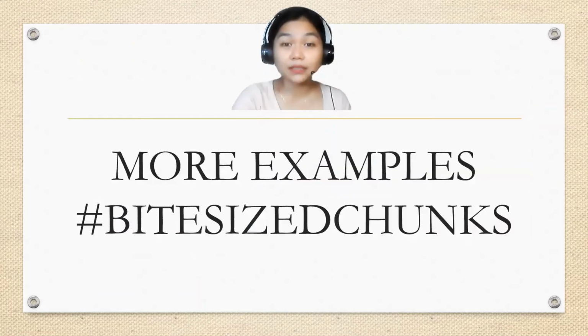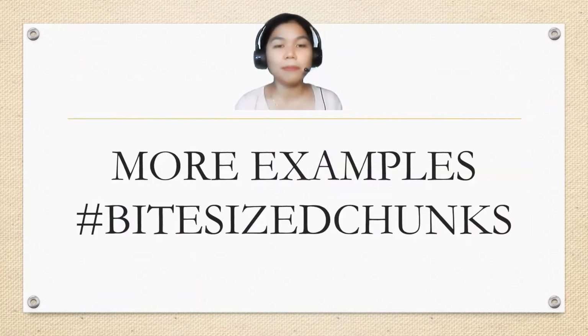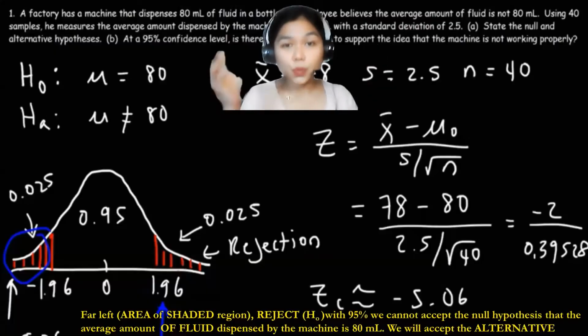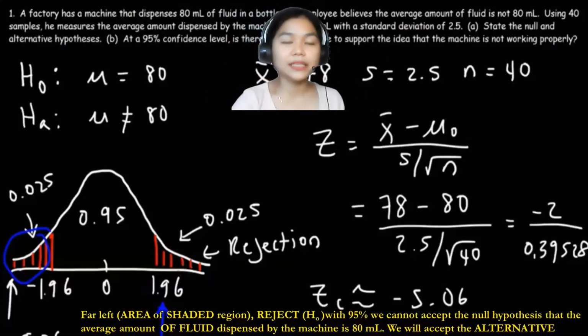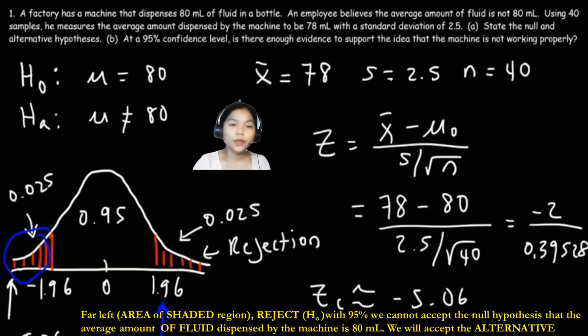So more examples. Okay, let's try to have bite-sized chunks of the whole. I just copied these clips from the internet, so I would like to share this to you. So we have here another example. A factory has a machine that dispenses 80 ml of fluid in a bottle.